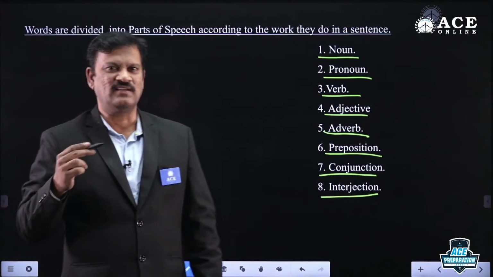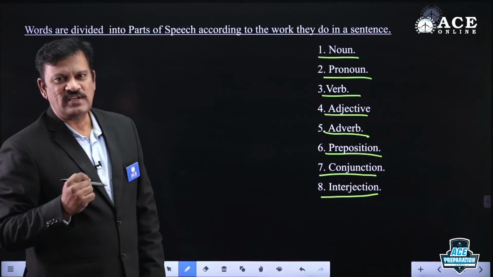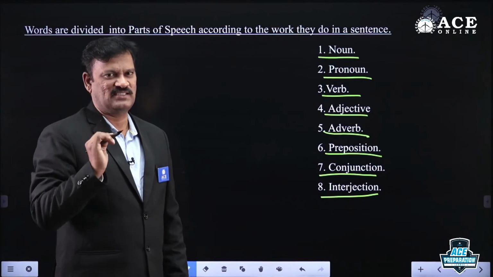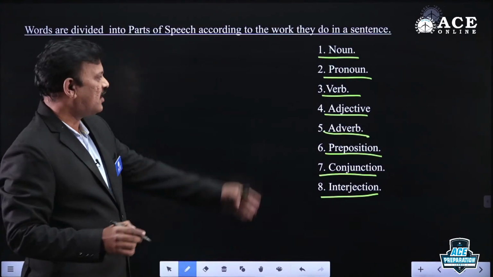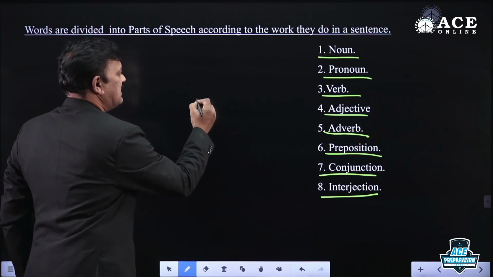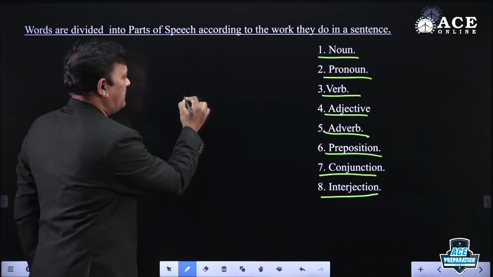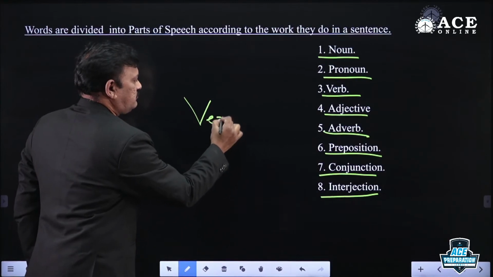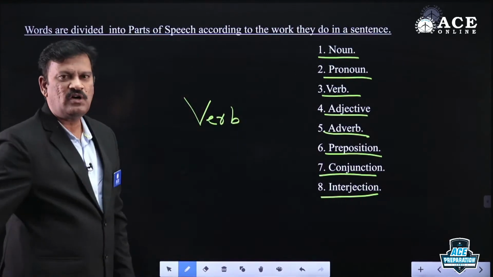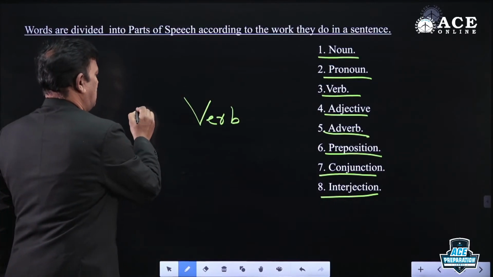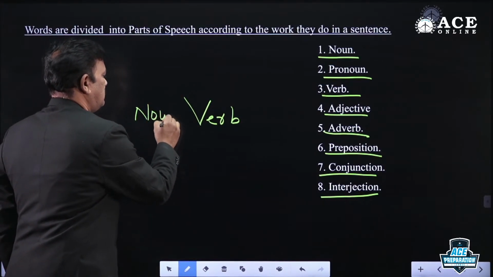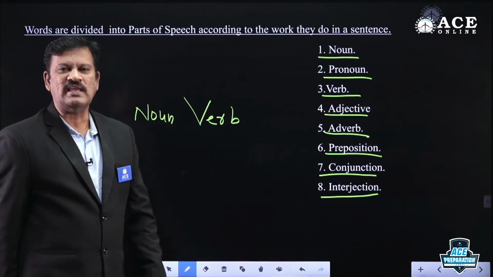Before we actually get into the story, I want to introduce some characters. The most important character of this part is our heroine. Verb is our heroine. And noun is our hero.